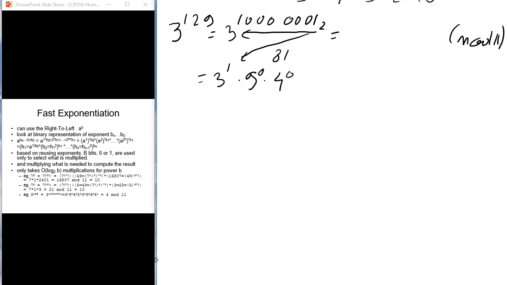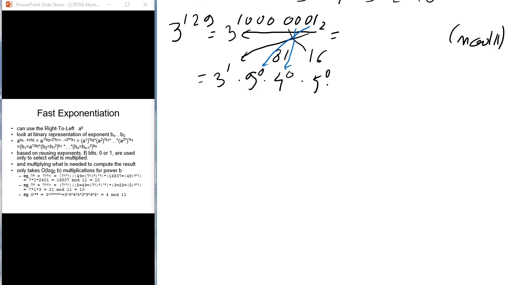These are all at power 0 because the corresponding bits are 0. And from right to left, times 4 square, it's 16, which mod 11, it's 11 plus 5.